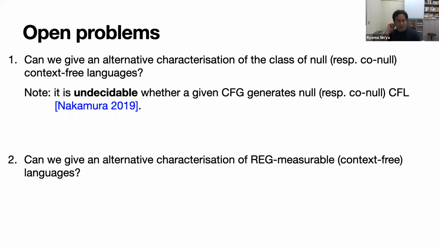So I think there could be many types of different characterization because, for example, in measure theory, Lebesgue measurable sets or Jordan measurable sets have several different but equivalent conditions.